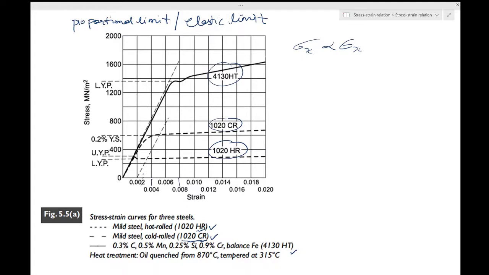So that is the maximum stress at which there will not be a permanent strain on release of the stress. These are the two common terms you have learned about, and we'll keep coming back to them in these diagrams.